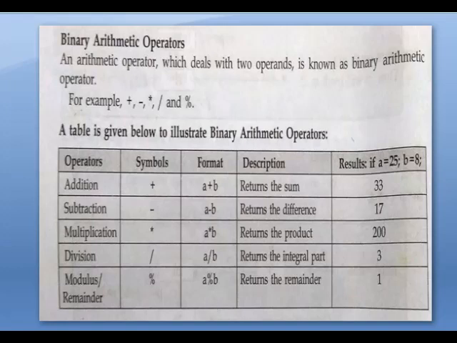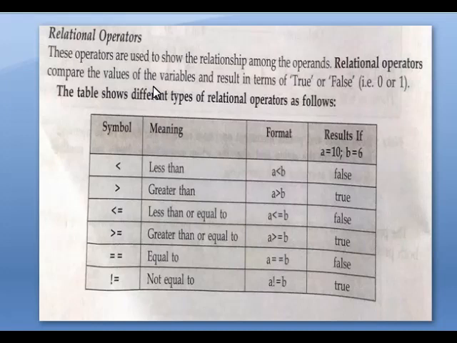The next one is relational operators. So arithmetic operator is over. The next one is relational operators. These operators are used to show the relationship among the operands. Relational operators compare the values of the variables and result in terms of true or false, that is 0 or 1.